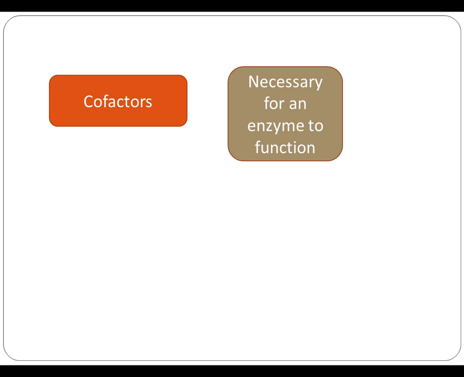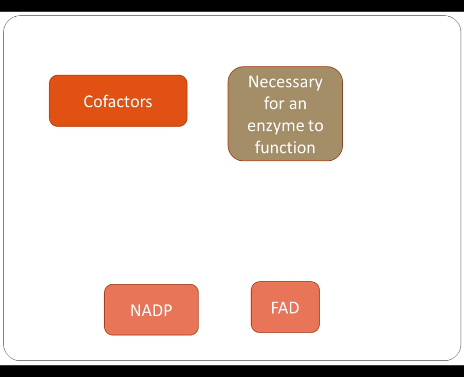Usually, but not always, these will have like a vitamin precursor. You always hear, got to eat your vitamins, got to get a good, well-balanced diet, because some of them serve in the role of coenzymes for the enzymes in your body to maintain the function of your different types of enzymes.